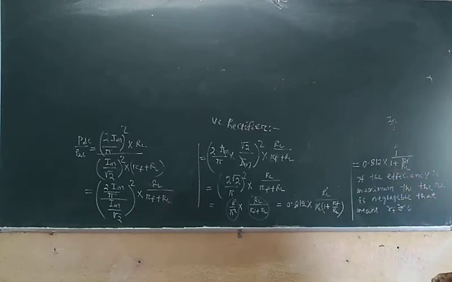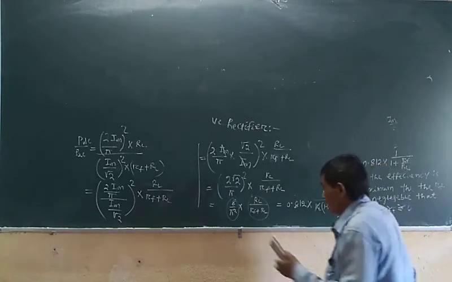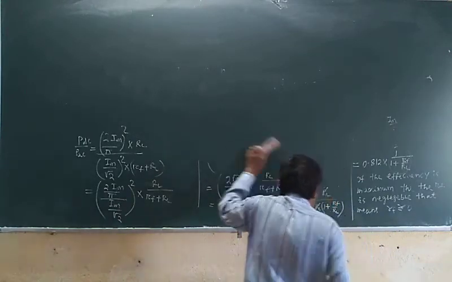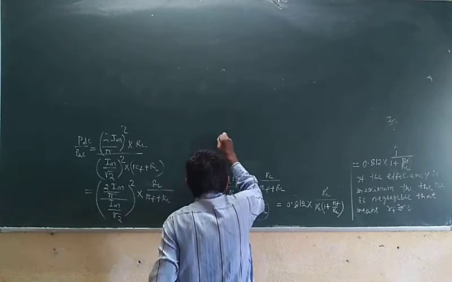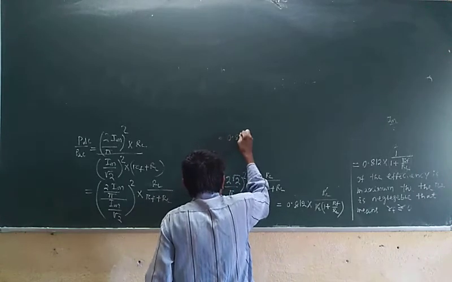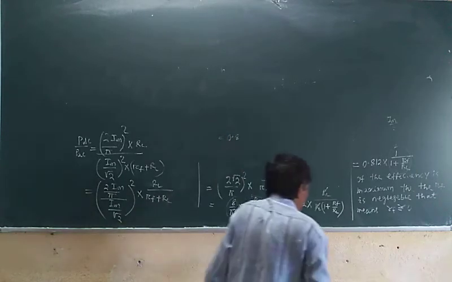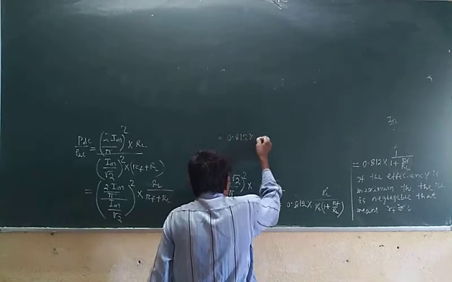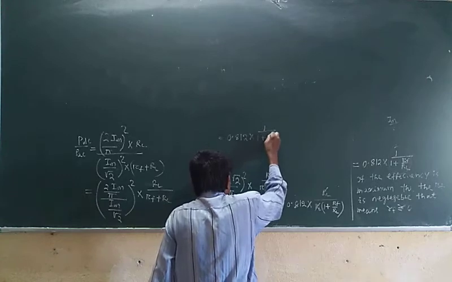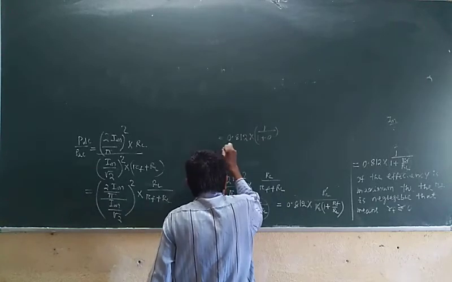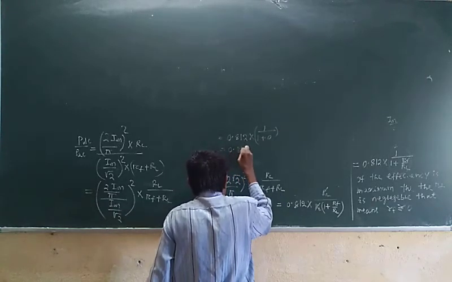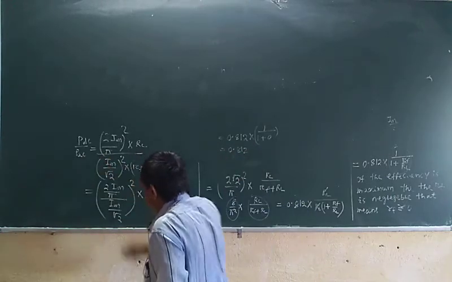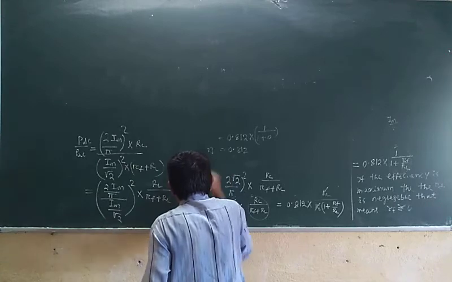So finally we get 0.812 into 1 by (1 plus 0), that is equal to 0.812. So 0.812 means PDC by PAC, that is equal to eta.